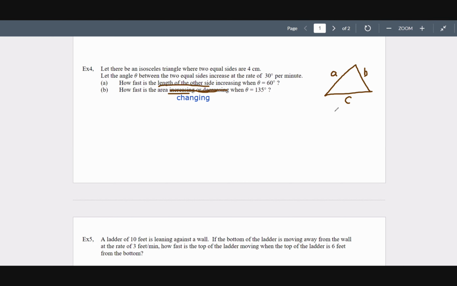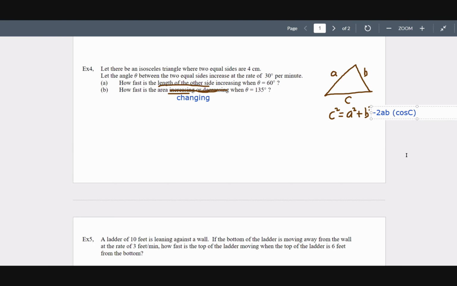This is now the cosine law. C squared is equal to, everybody knows this? C squared is A squared plus B squared minus 2AB cosine C. Let me write cosine C in parentheses there.